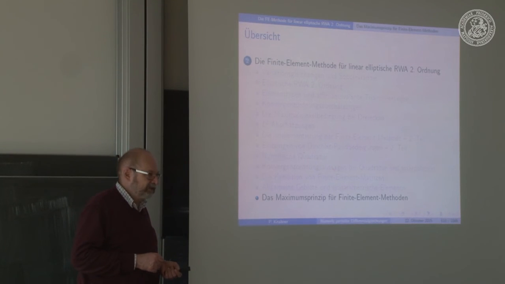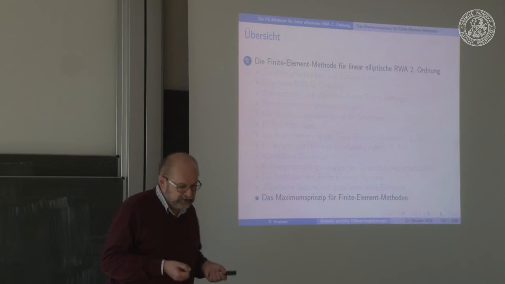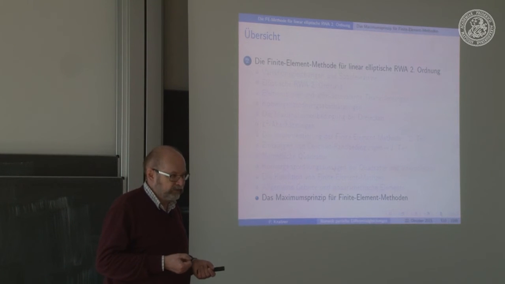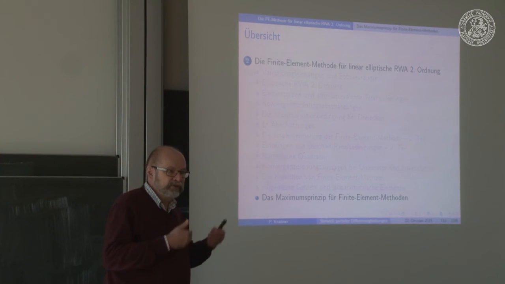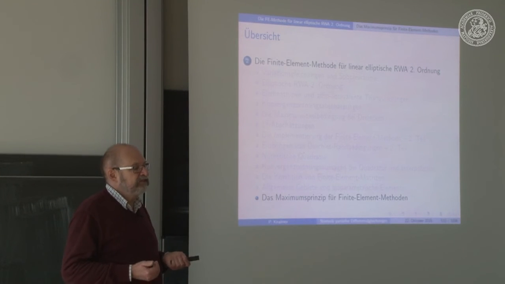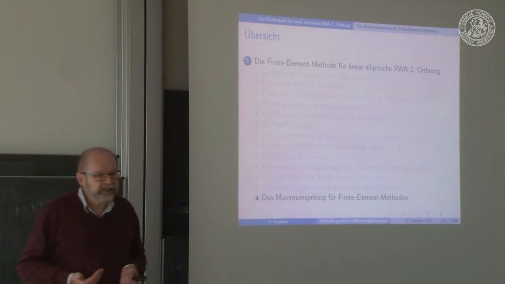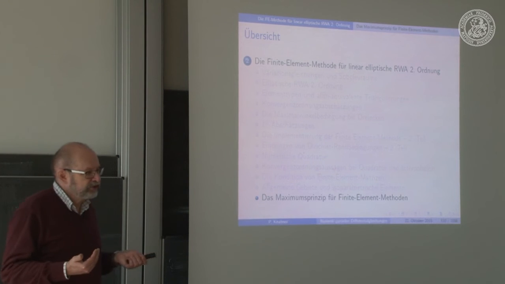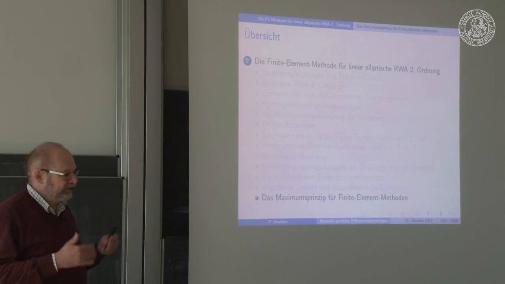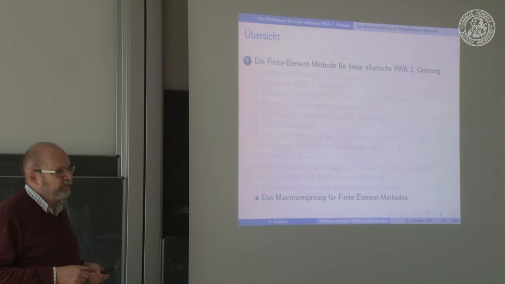So it's of interest of its own if a method preserves the maximum principle, even if we have shown convergence in other norms and with other methods already. We don't need the maximum principle here to show an order of convergence. We could also do it, but if we do it in a simple fashion, what we get out is suboptimal.